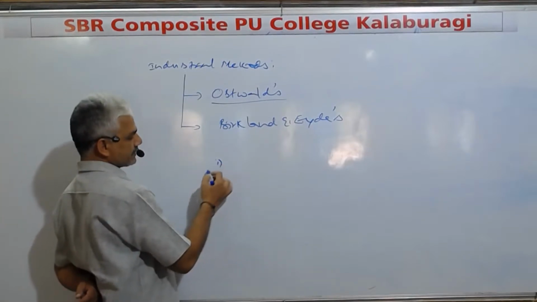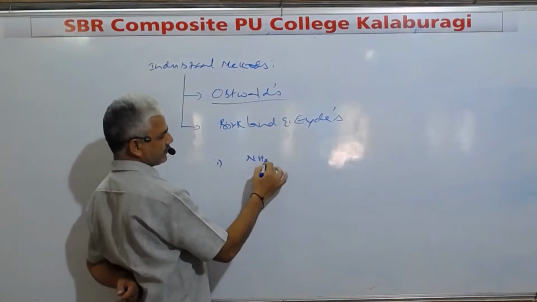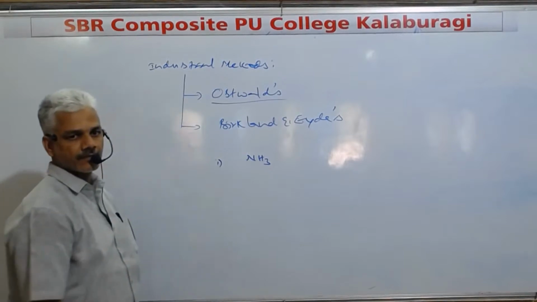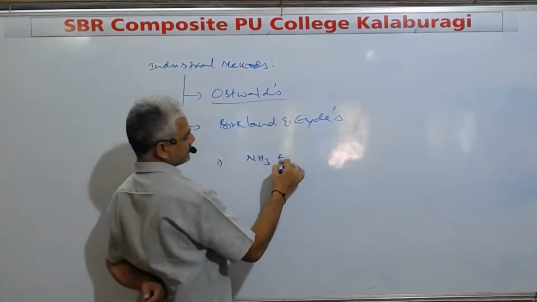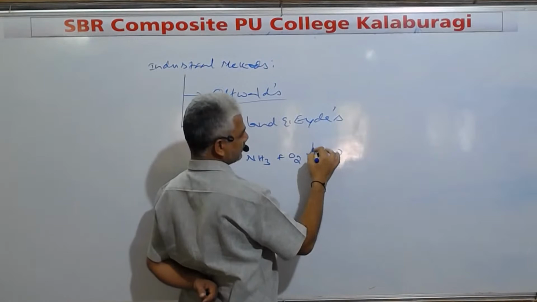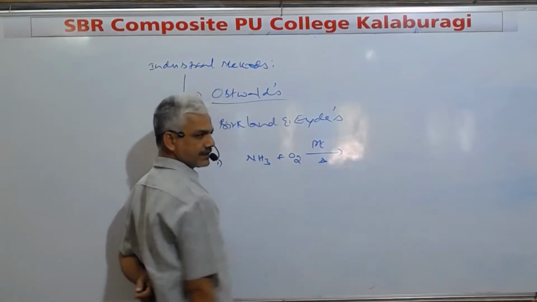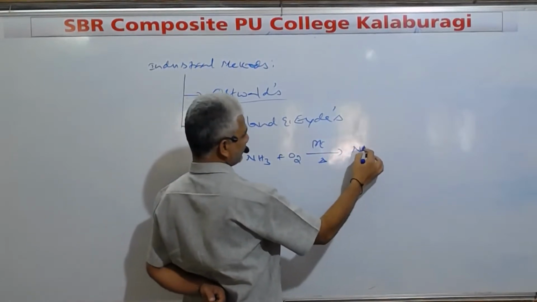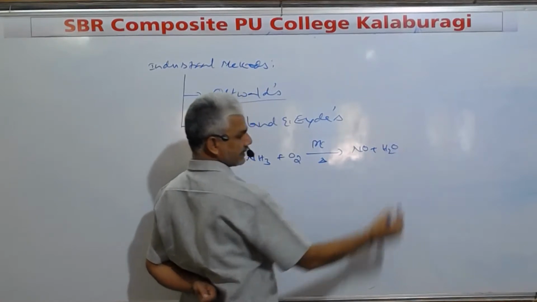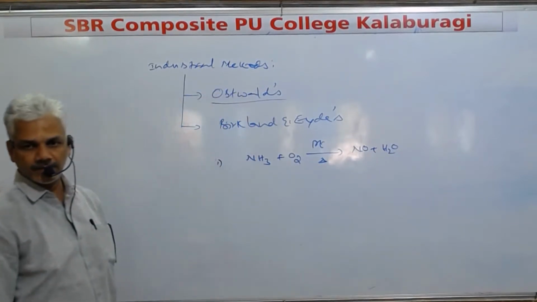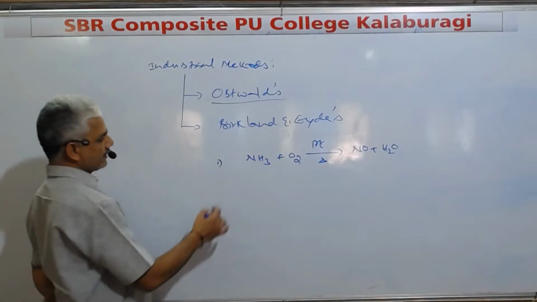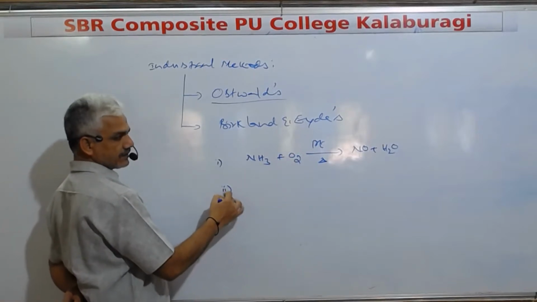In this process, the starting material is ammonia. Ammonia is subjected to oxidation in the presence of platinum as catalyst. So we will get nitric oxide and water as products. These equations are not balanced, you have to balance them.